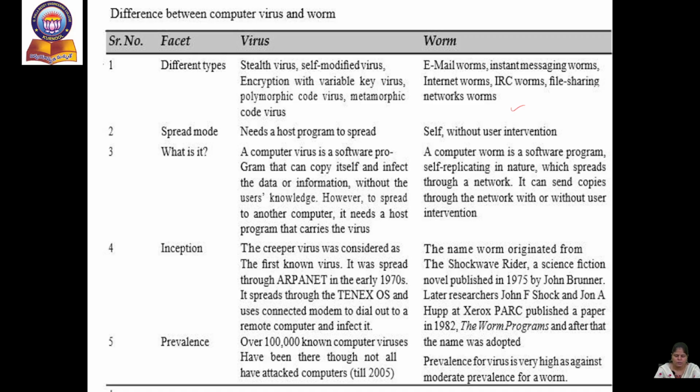And coming to the spread mode, a virus needs a host program to spread, whereas a worm will spread itself without any user intervention. And what is meant by virus? It's nothing but a computer software program that can copy itself and infect the data and the information without the user's knowledge.